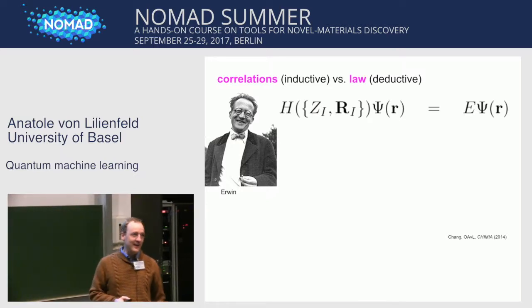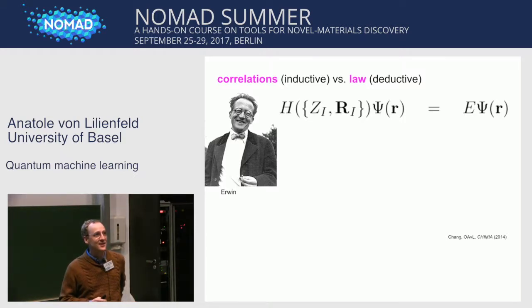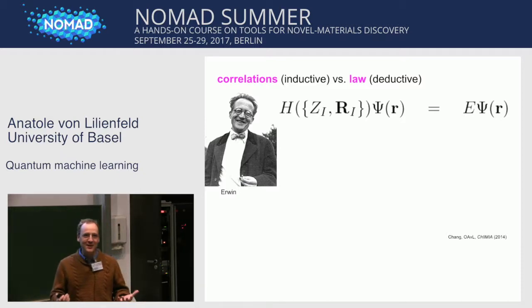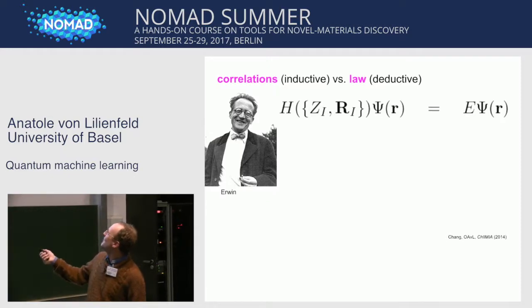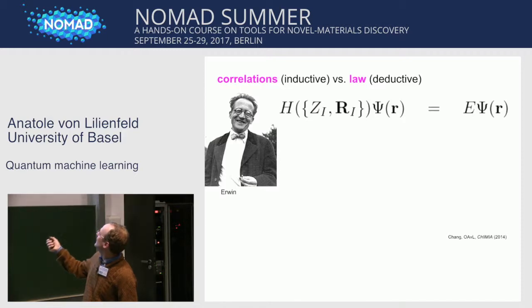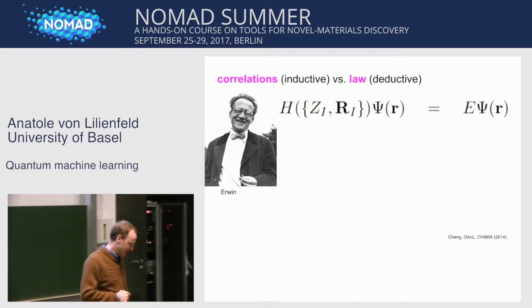So our approach to this is that we like quantum mechanics. In a maybe inappropriately short way of summarizing it, we have this equation which maps coordinates, configurations, and nuclear charges to some eigenvalues.